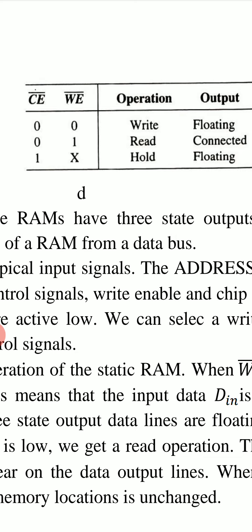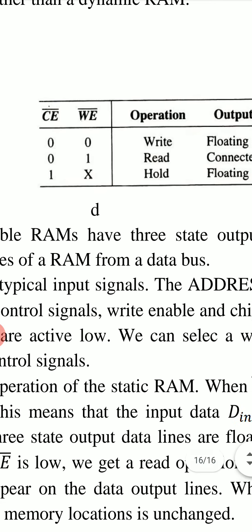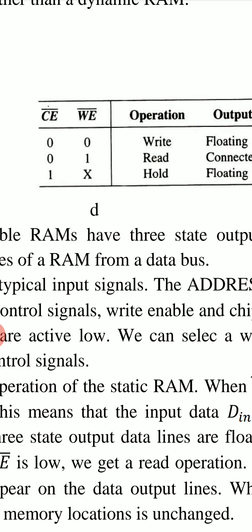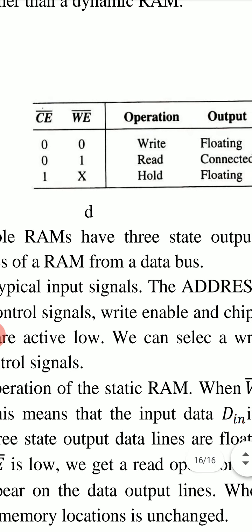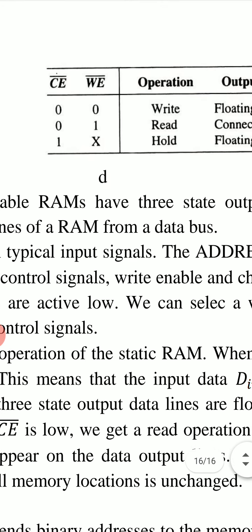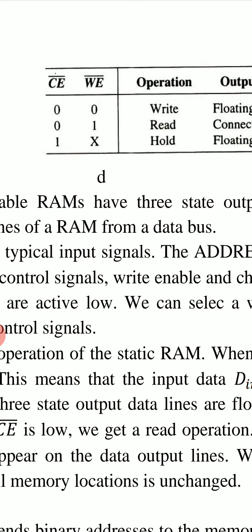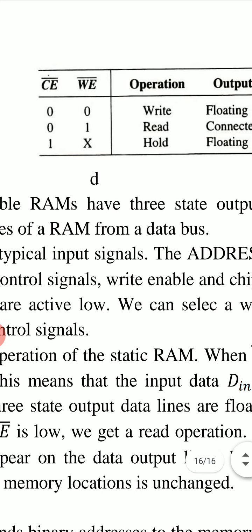So for write operation, we must activate both CE bar and WE bar. These are low active, so we must keep them low, that is 0 0. And for read operation, we must keep CE bar active and WE bar inactive.